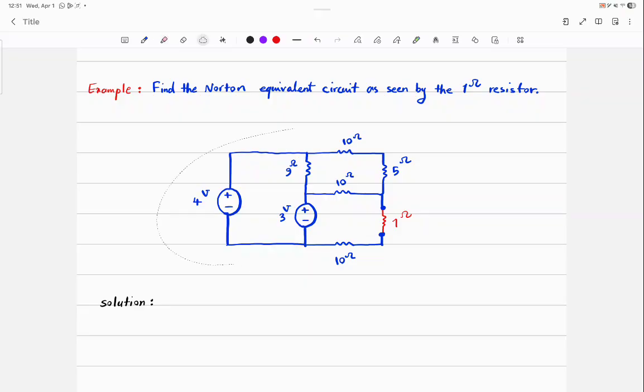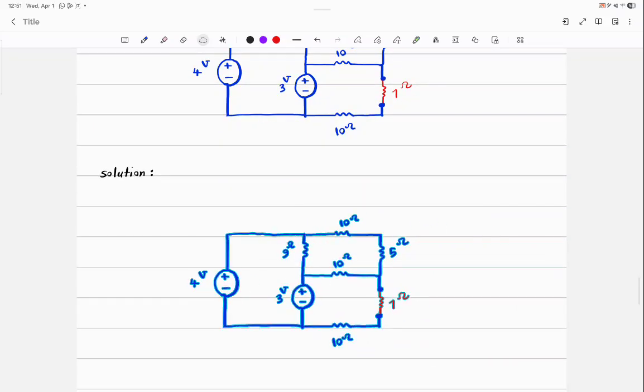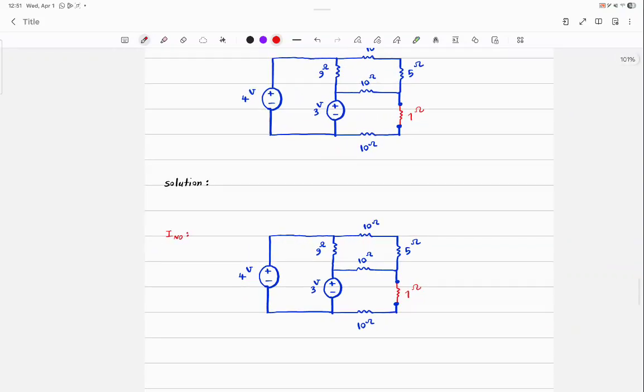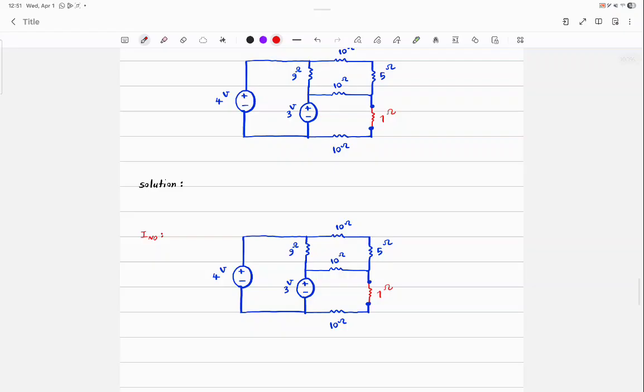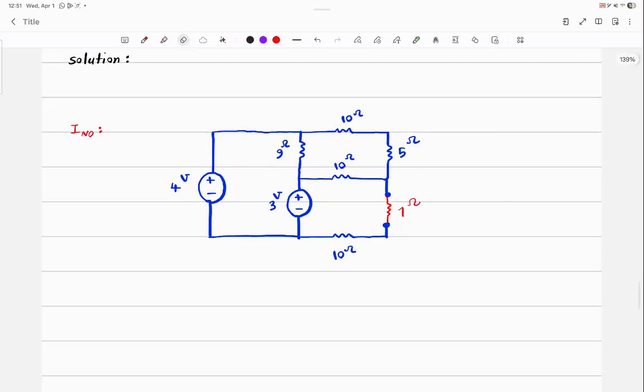So what should I do? What's the first step? Get rid of the stranger. Who's the stranger? The 1 ohm resistor doesn't belong here.